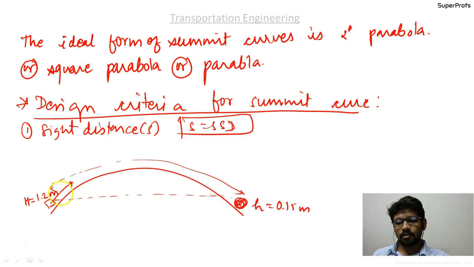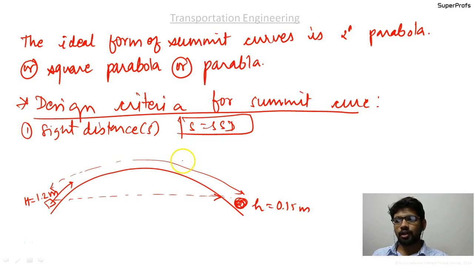The light cannot travel the curved path; it travels a straight path, and so this is the problem. So SSD, that is the sight distance, is the design criteria for the summit curve.